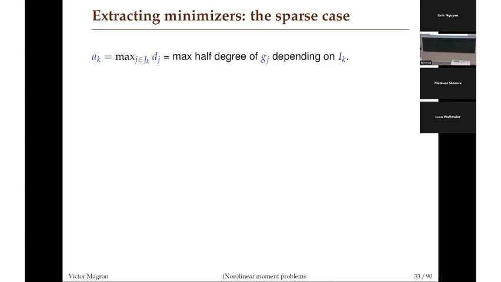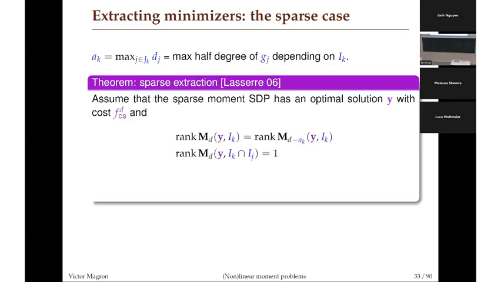We have degree 2 constraints, and everybody has half degree 1. Then you can do the same reasoning, but you need to check it for every pseudo-moment matrix indexed by the first subsystem, the second subsystem, and so on. So you need to check that the rank stabilized on every subsystem. That's the first thing to do.